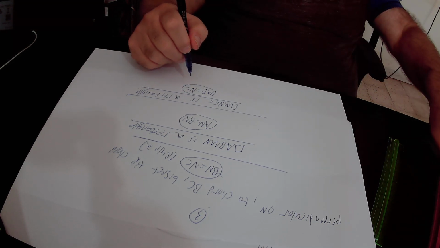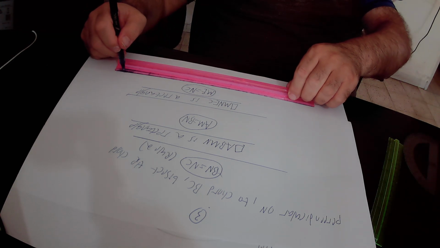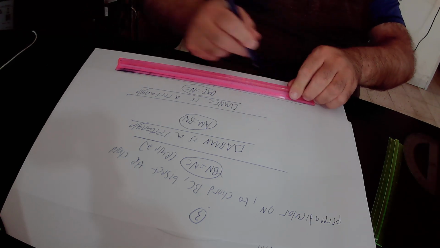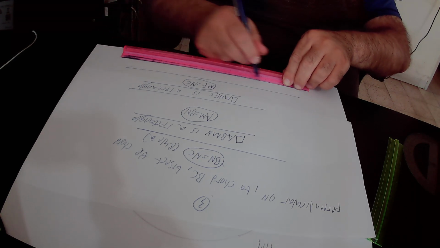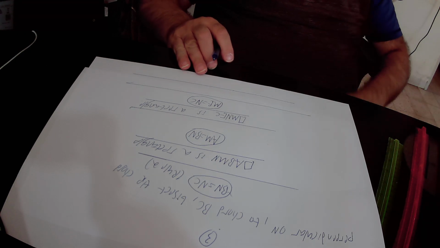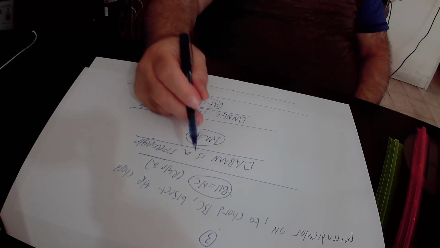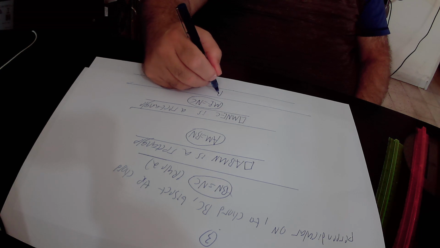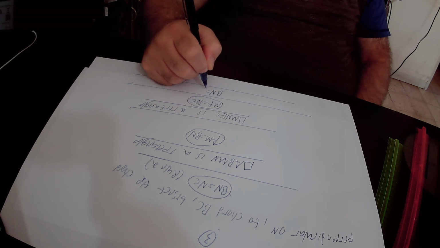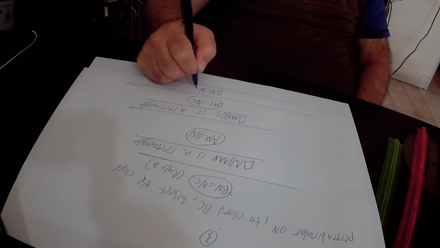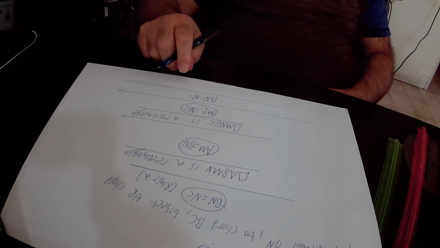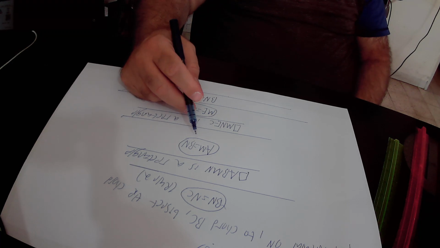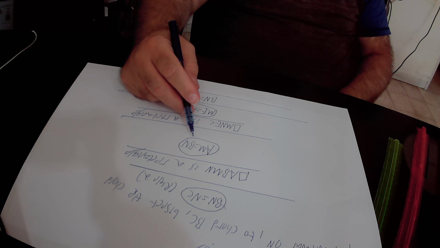So we can actually summarize what we did until now. First of all, we found out that BN equals NC according to rule number 2. In addition, we found out that BN also equals AM according to the rule that the opposite sides of a rectangle are equal to each other.